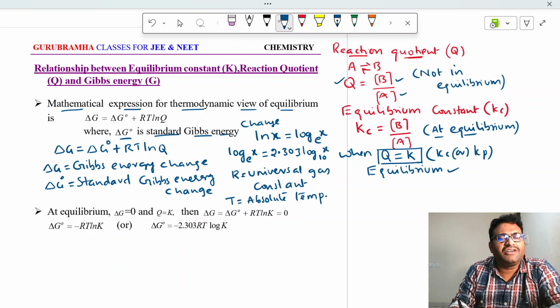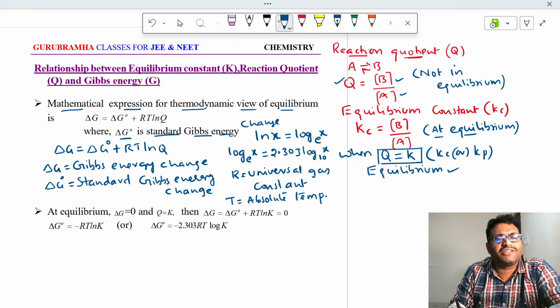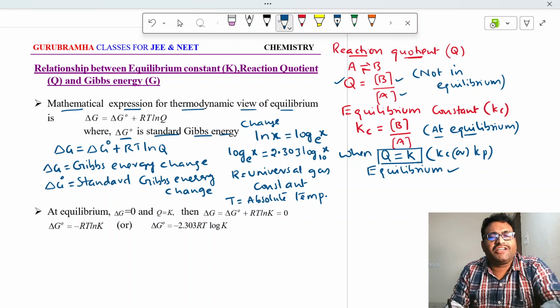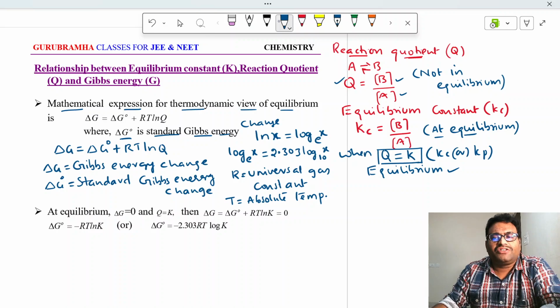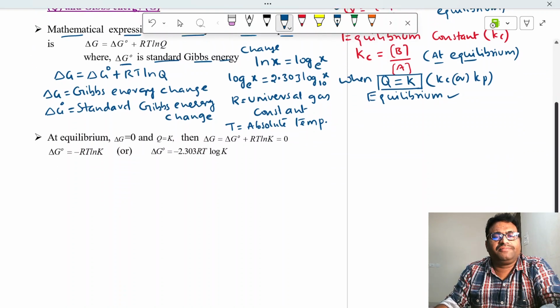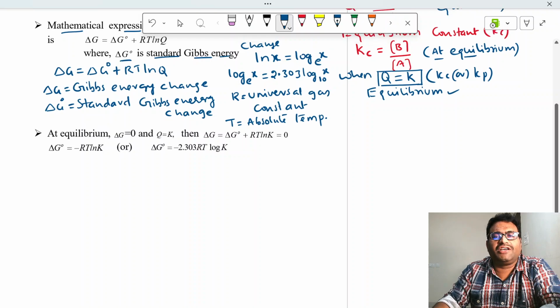What is that equation? Delta G is equal to delta G naught plus RT ln Q. It describes the relation between Gibbs energy and reaction quotient. Now we have seen one of the conditions for equilibrium.